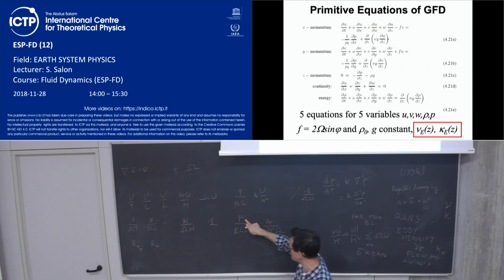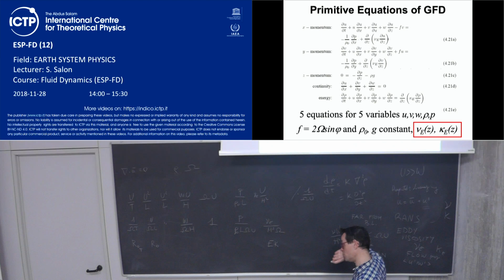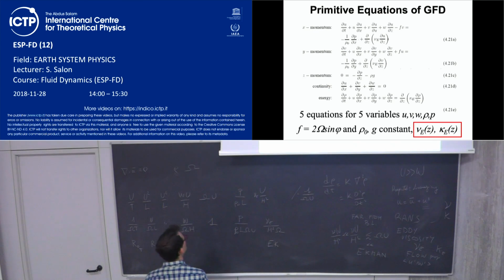So it means that P has this scale here. And finally, this one is called the Ekman number, which I told you before. Ekman number is the ratio between the vertical friction and the Coriolis term.